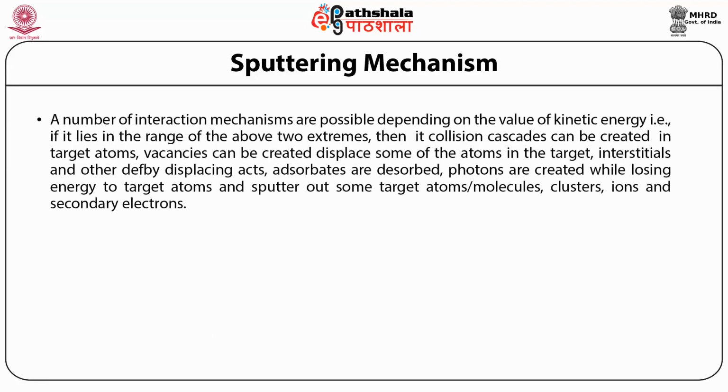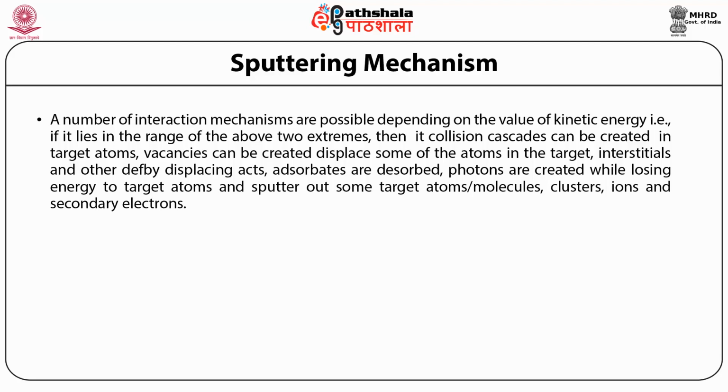A number of interaction mechanisms are possible depending on the value of kinetic energy. That is, if it lies in the range between the above two extremes, that is, from as low as 5 electron volt to as high as 10 kilo electron volt, then collision cascades can be created in target atoms.